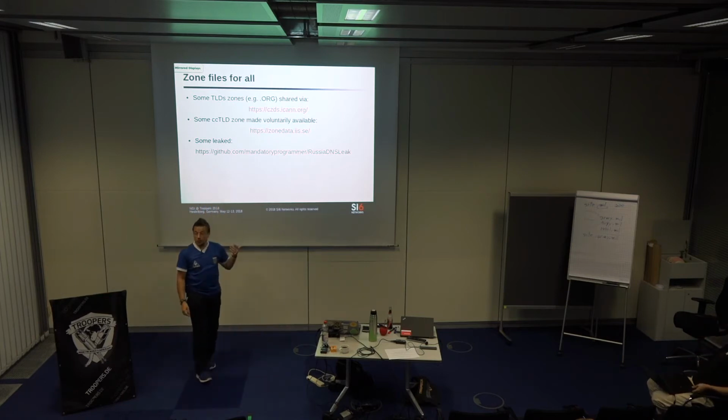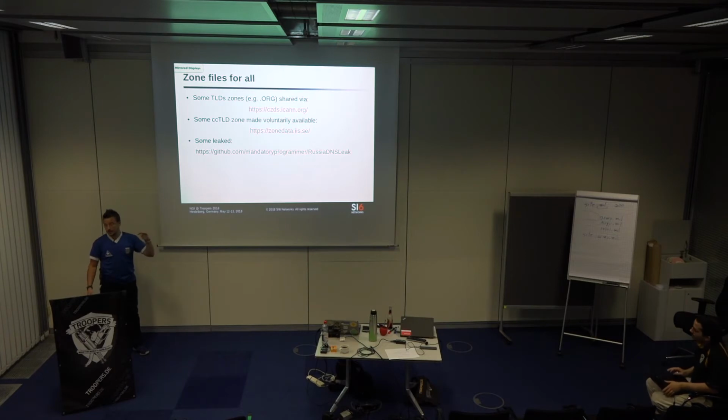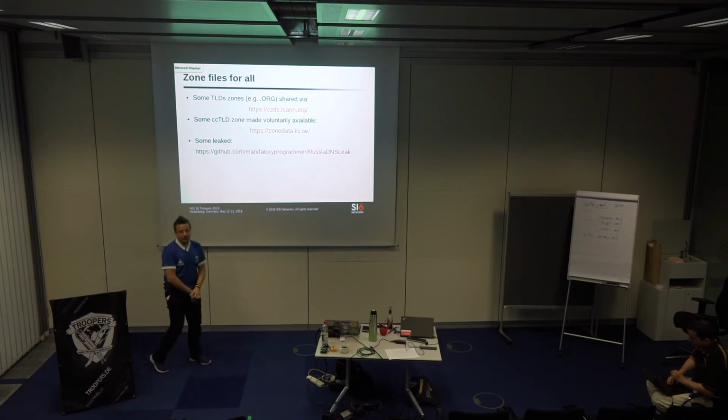For example, .org is available for free, and you get the official zone data, so you can get all of the .org sites. Another site that I found quite interesting, and it's an interesting point of view, is from the people in Sweden, who publish the whole zone data on their website.